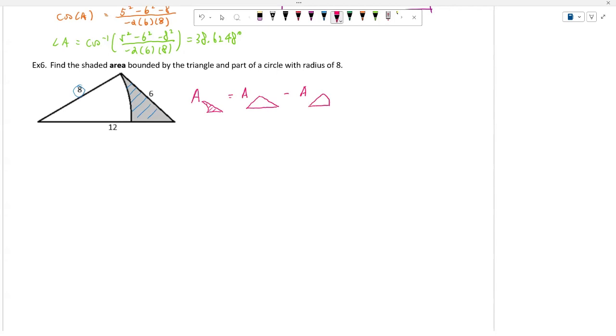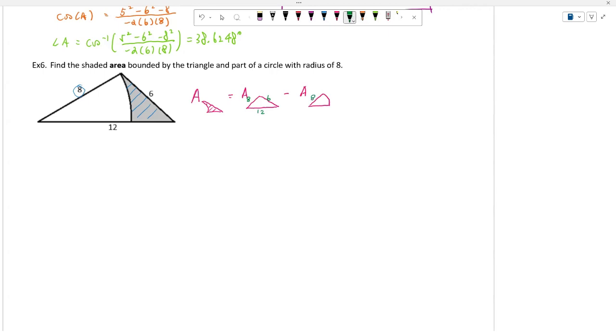In this case, we know that this is 8, this is 12, this is 6, and for this sector right here, we have 8.